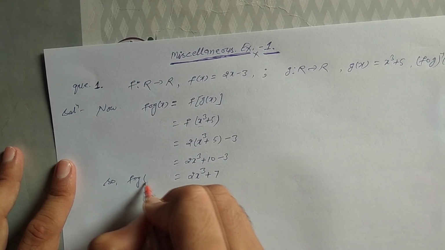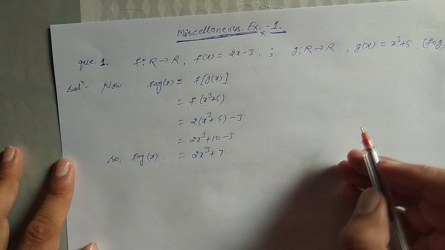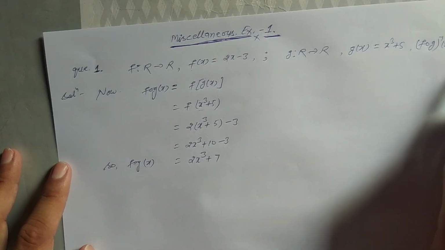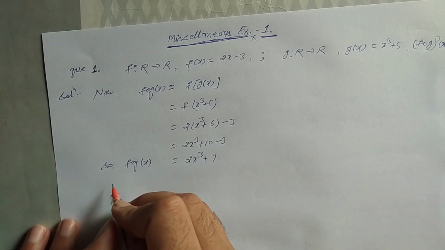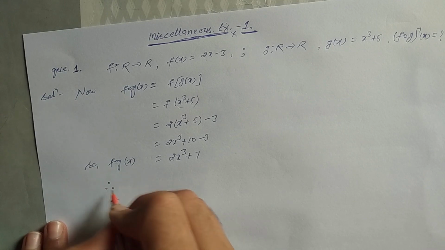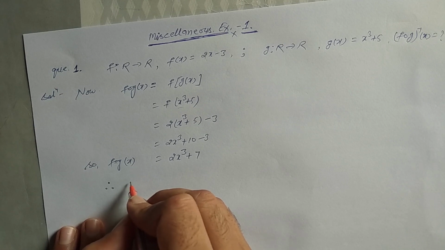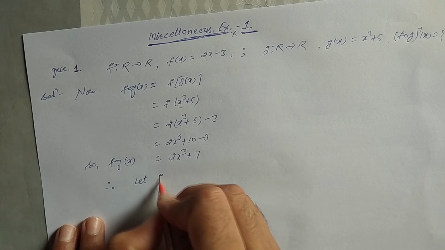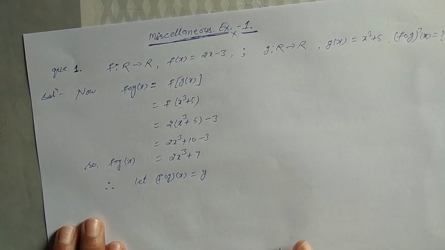So, f of g of x is 2x cube plus 7. Now find the value of (fog) inverse of x. Let fog of x be equal to y.